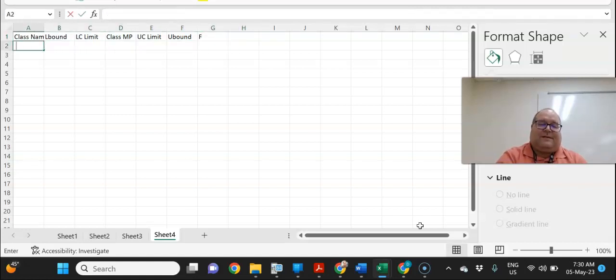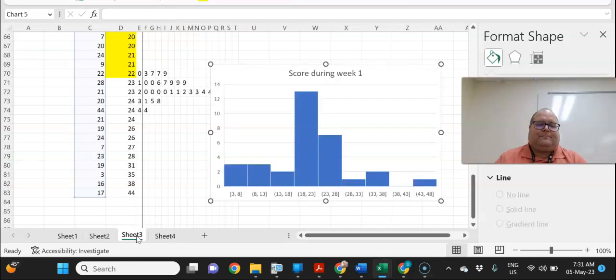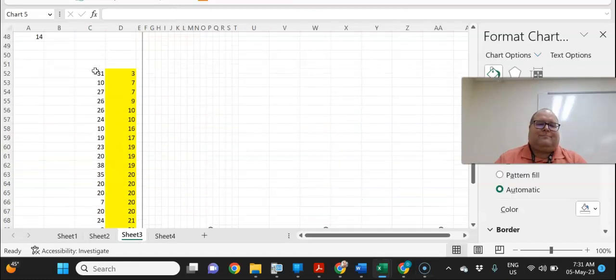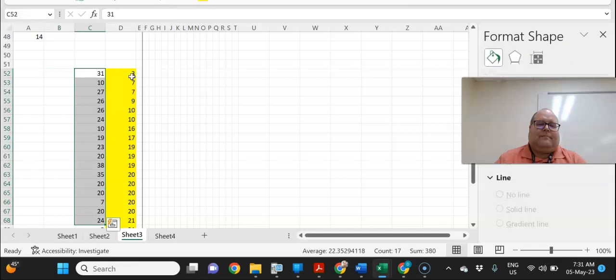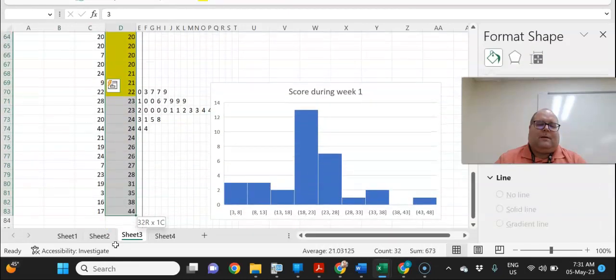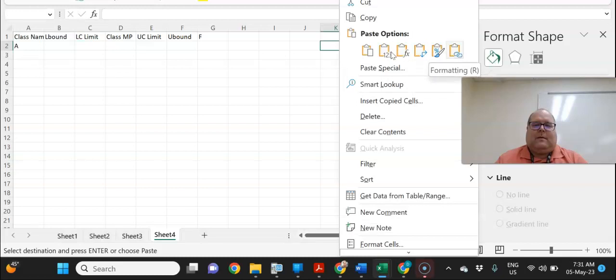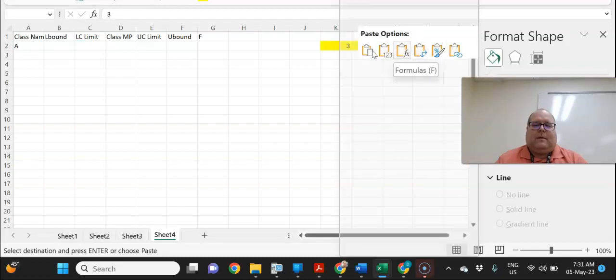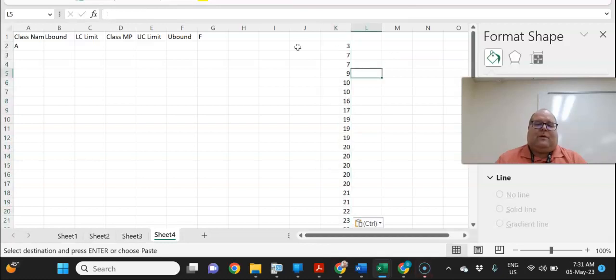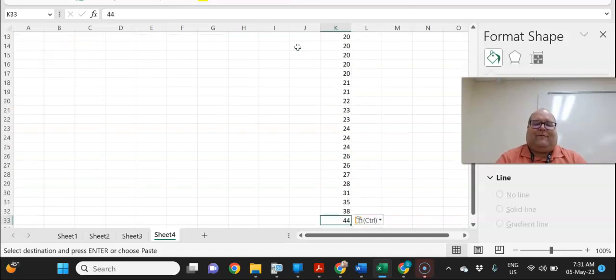So we can class name 1 or I, our lower class limit. So we have our data that runs from 3 to 44.